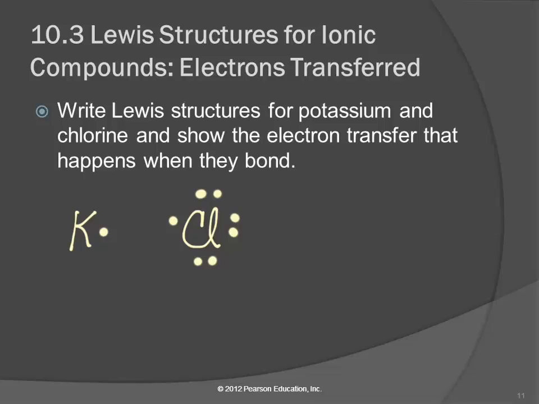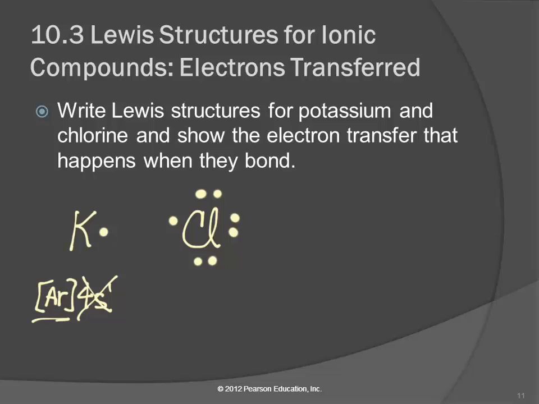One way to write the electron configuration for potassium is to put argon in brackets and then 4s1. So if we get rid of the 4s1, what do we have? We have the electron configuration of argon.